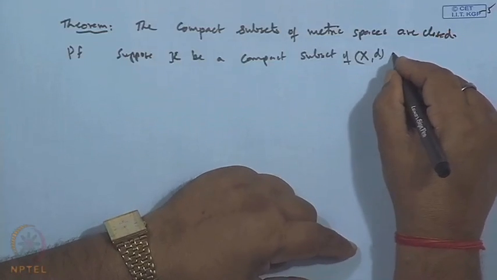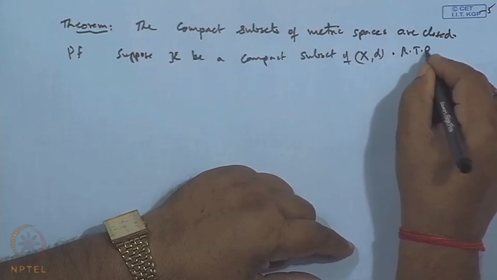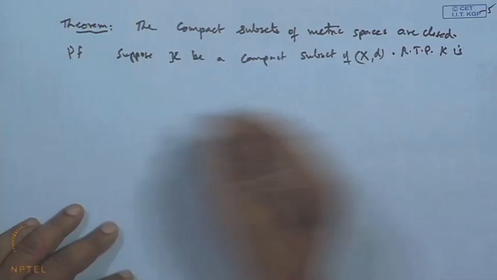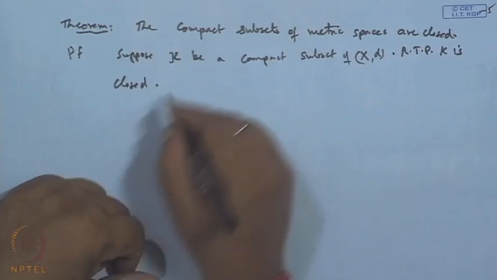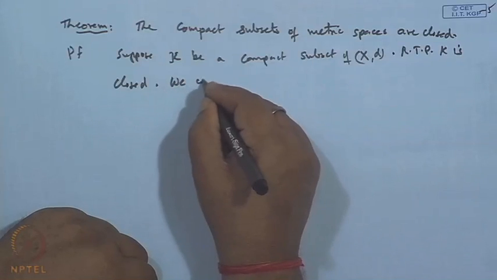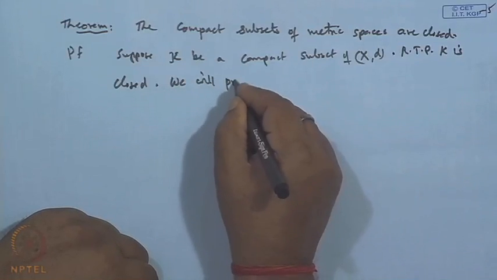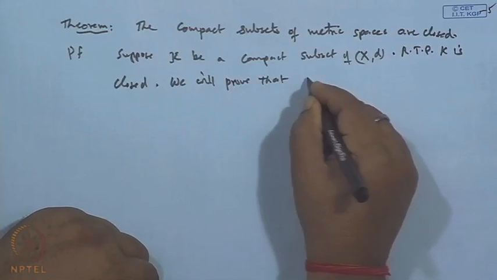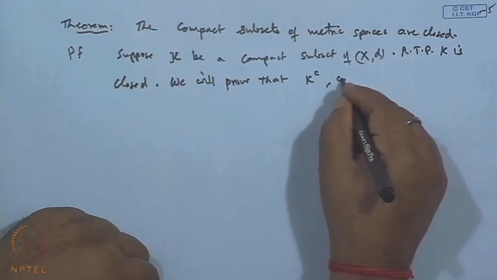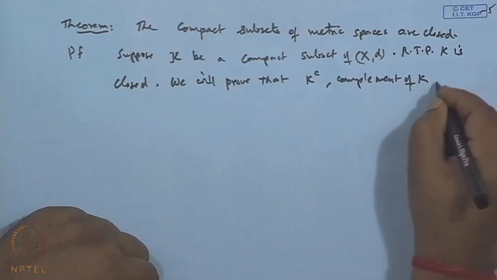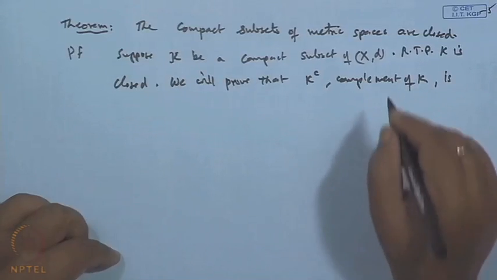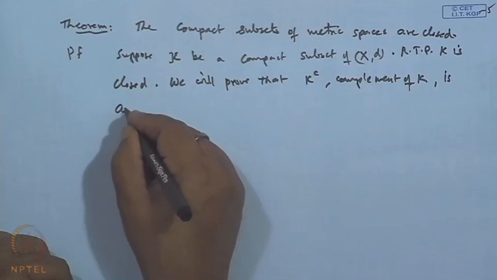So, what is required to prove is that K is closed. What we do is, we will prove that its complement Kc, the complement of K, is an open subset of X.